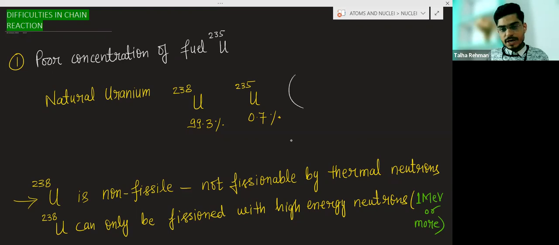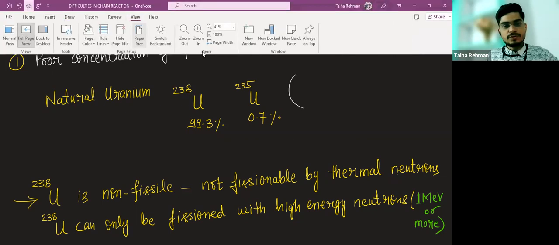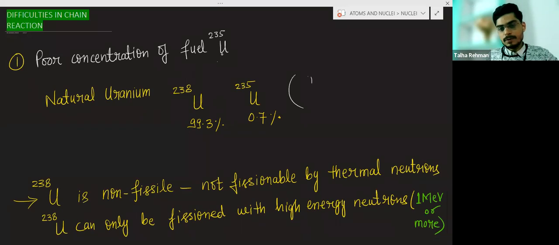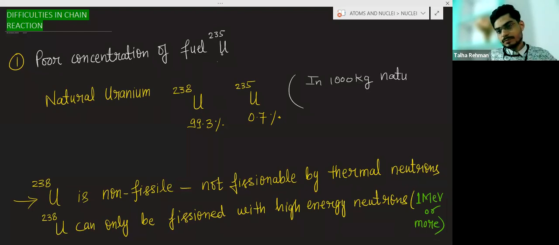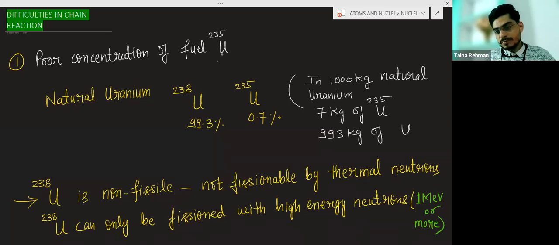For example, if you have 1000 kg of natural uranium, you will get 7 kg of uranium 235 and 993 kg of uranium 238.